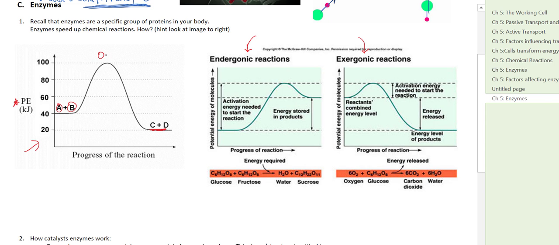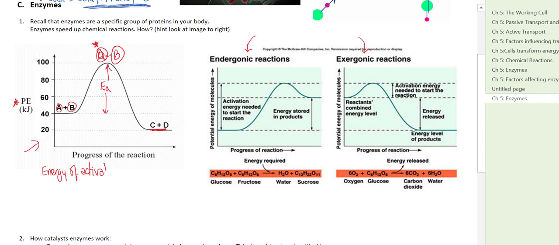And when they do collide, if we have molecule A colliding with molecule B, they have to collide with sufficient energy to achieve a successful collision. And that minimum energy required for a successful reaction is what we call EA, or energy of activation.